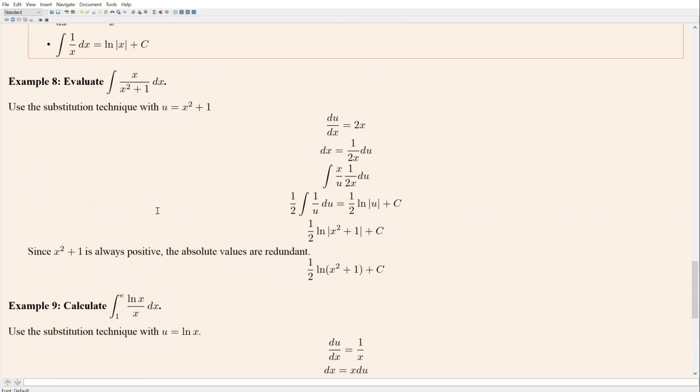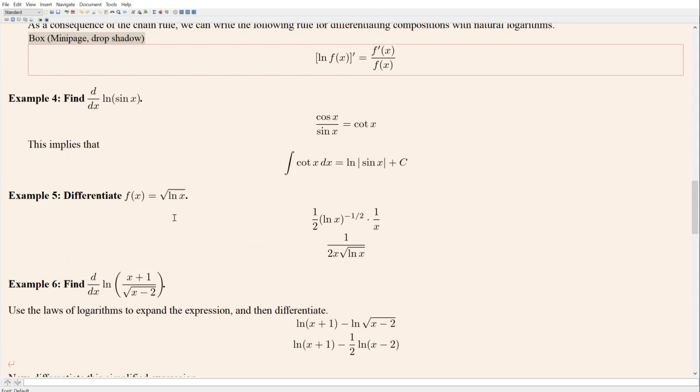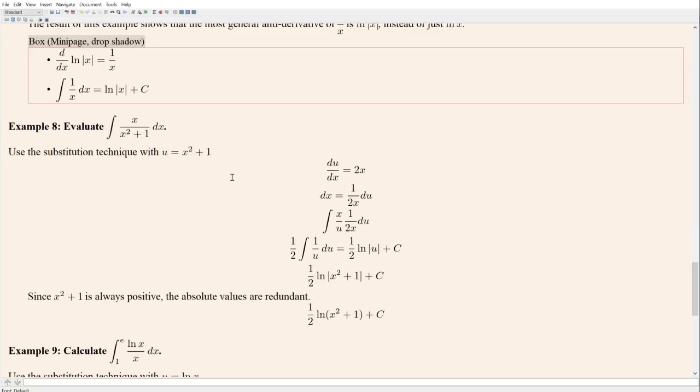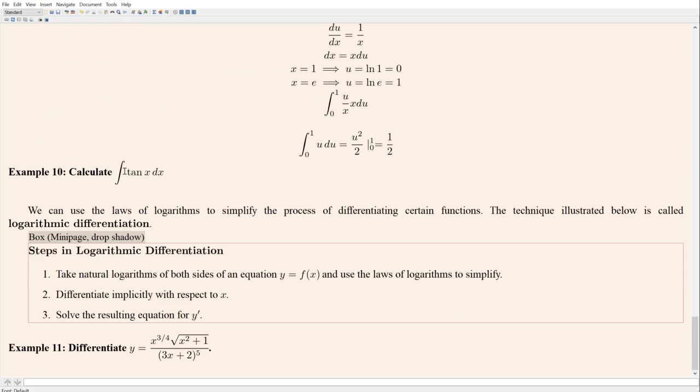Okay, so earlier I mentioned that the antiderivative of cotangent is log absolute value sine. So what about the antiderivative of tangent? I mean, it stands to reason, by example at least, that we should get some expression involving the natural log as well. And indeed, that is what happens.